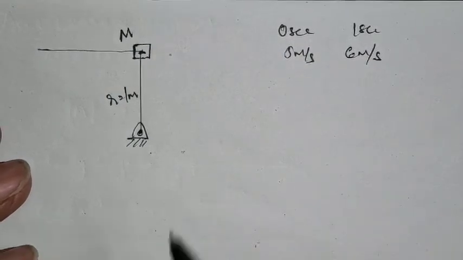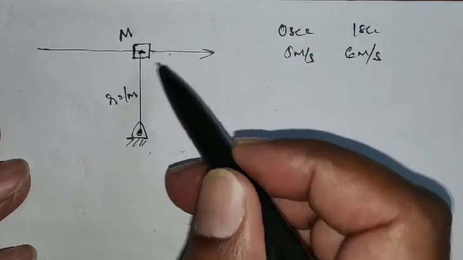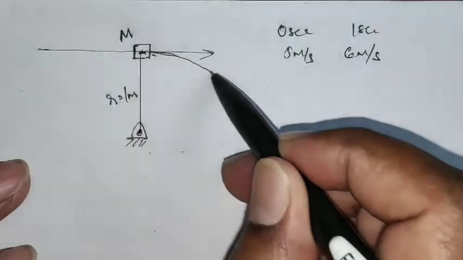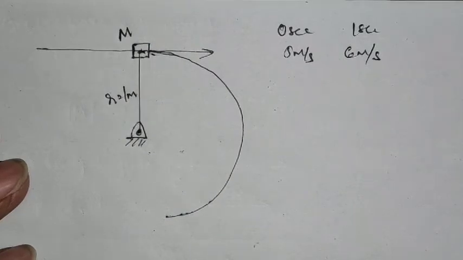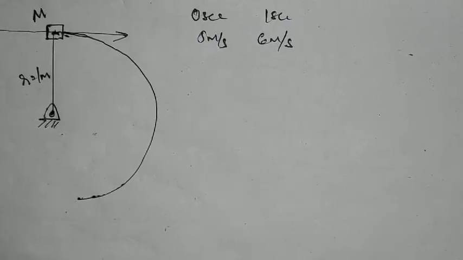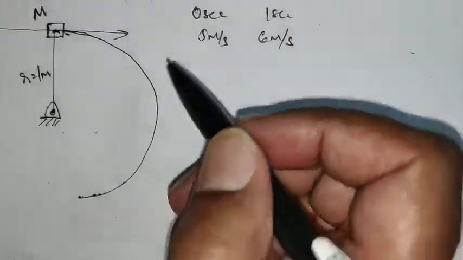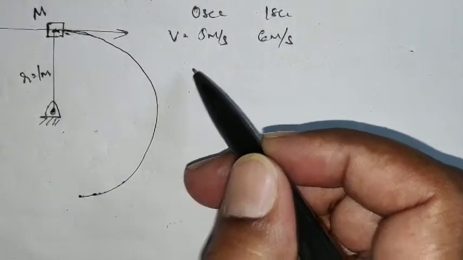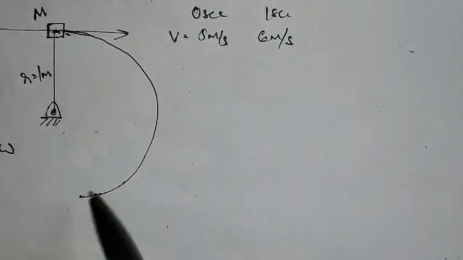So this body is now not allowed to move along the straight direction, but since it is hinged about this point, it has to definitely take a circular path like this. Now at 0 second it is traveling at a velocity of 5 meter per second, and the radius is 1 meter. Since we know the radius, we know the formula v is equal to r omega.